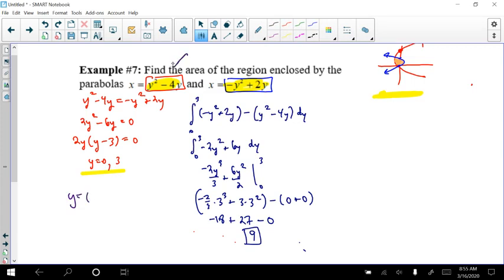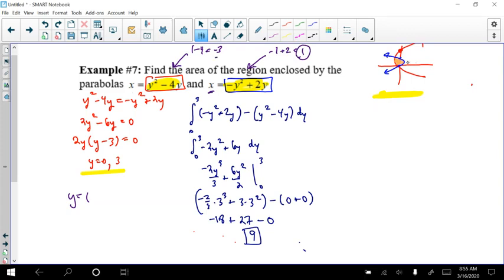When you put 1 as a y value in that first function, 1 minus 4 times 1, so 1 minus 4 is negative 3. When I put 1 into this function, 1 squared is 1, but still make it negative, plus 2 is 1. So between the two, 1 has an x value that's farther to the right than this one.